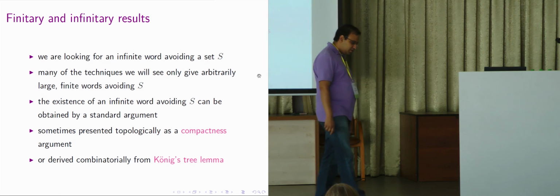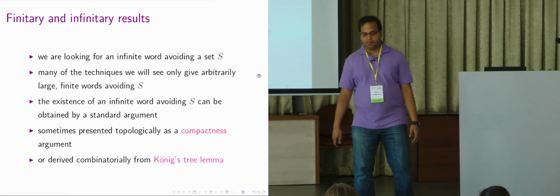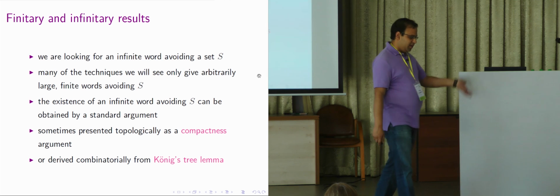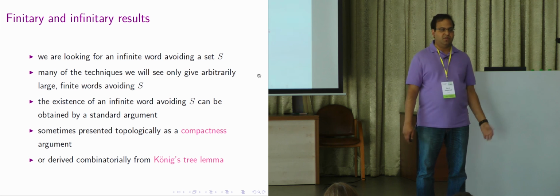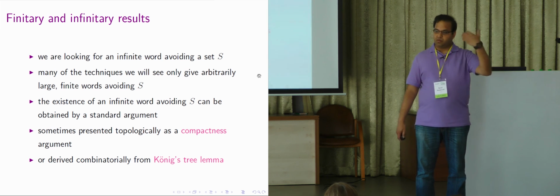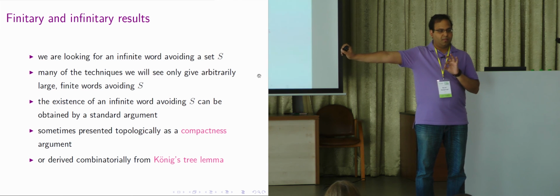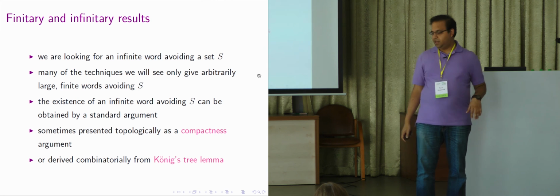How do we deduce the existence of an infinite word in this setting? It's not particularly difficult. In all of the examples I showed you previously, where we were iterating some morphism, it was more or less clear because we were producing longer and longer prefixes, so it's easy to understand what the infinite word should be.